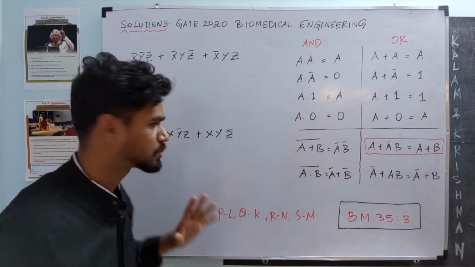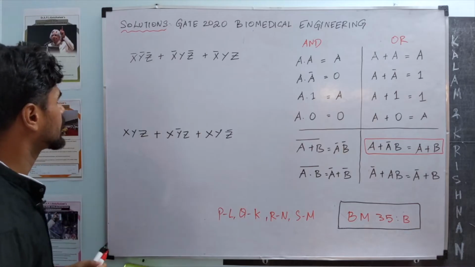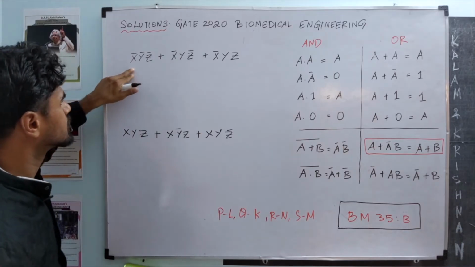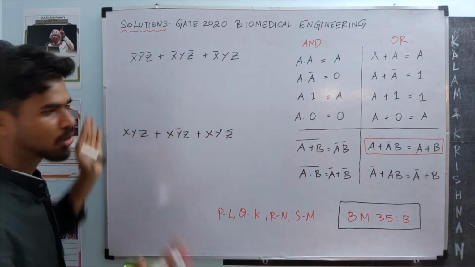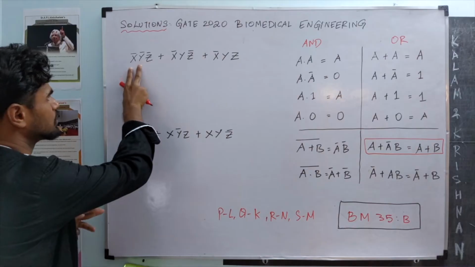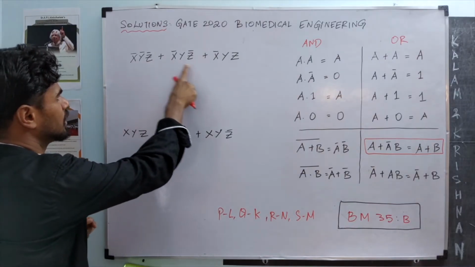So I will show examples for two Boolean expressions on how to minimize them. We have the Boolean expression P over here. Once we have something like this, look for a combination where at least two of those terms repeat. For example, X bar and Z bar is in this term, and X bar and Z bar in this term.